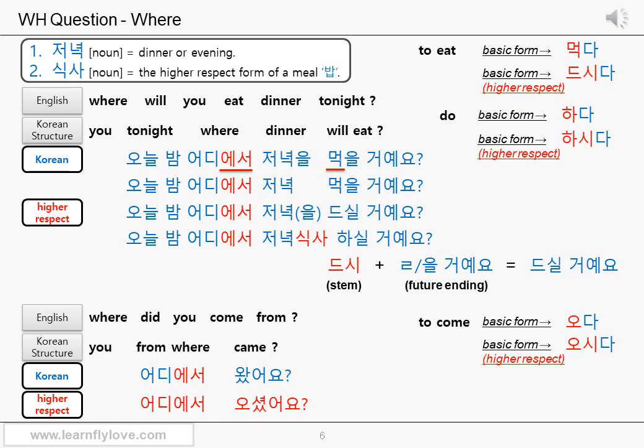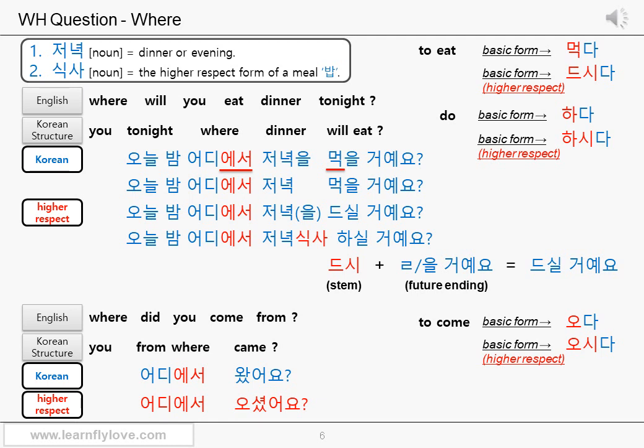It's a simple sentence, so you shouldn't spend a second to know the sentence structure. We just need to swap Korea with where. That's it. You, from where, came. We don't even need the subject you. So from where is 어디.